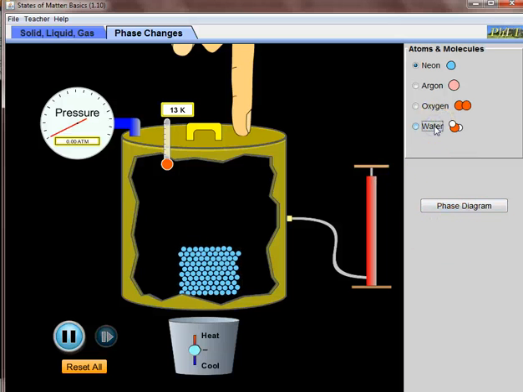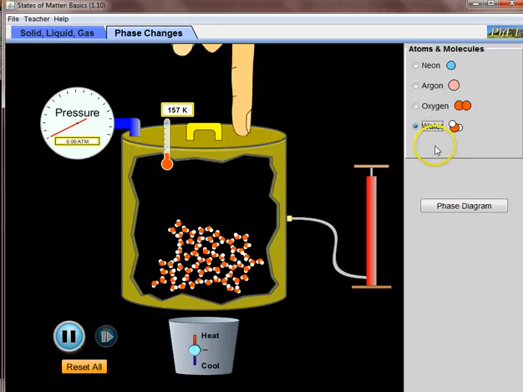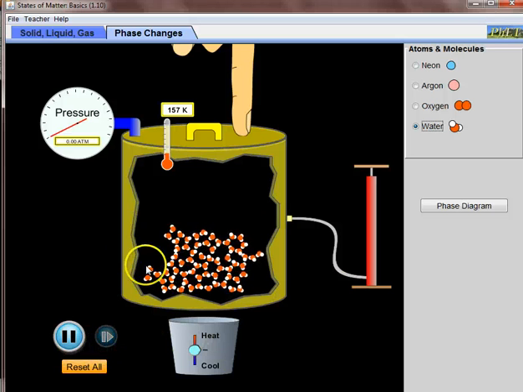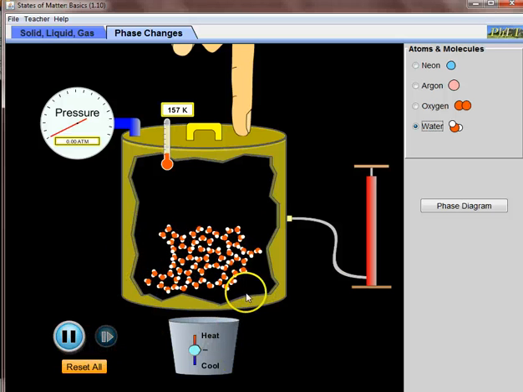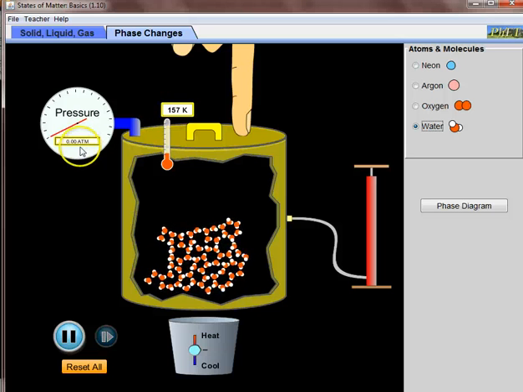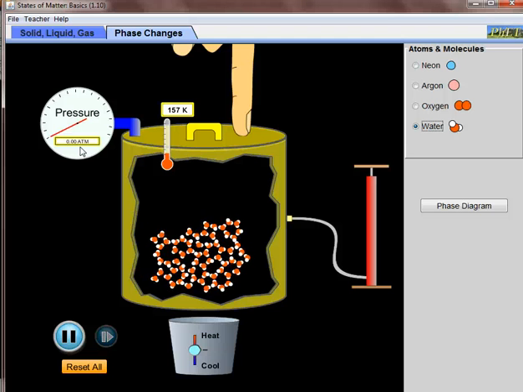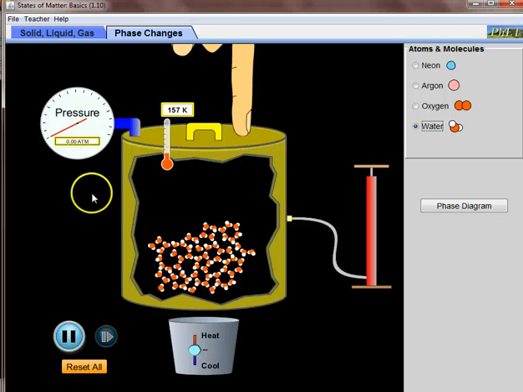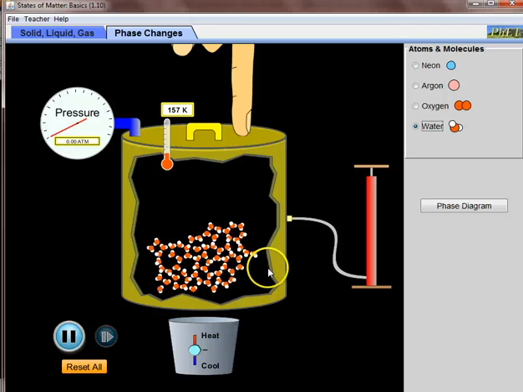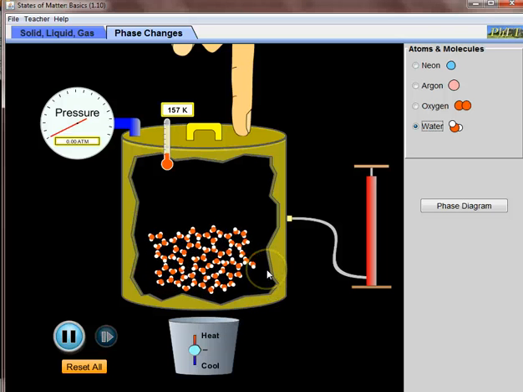So we use the water molecule. This is still solid. When it is a solid, we know that the temperature is low and the pressure is 0. Why is the pressure 0? Because there are no solid particles hitting the wall of the container, correct?